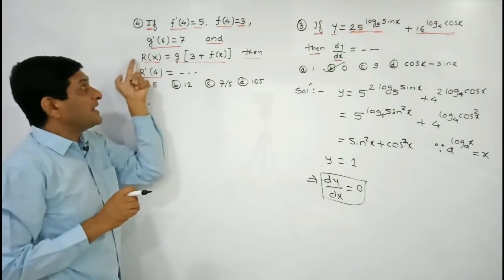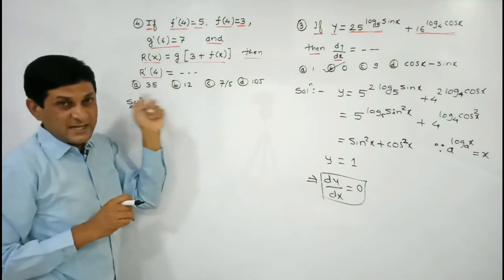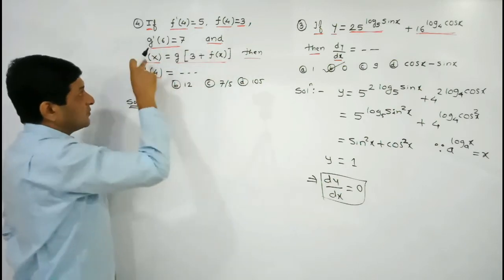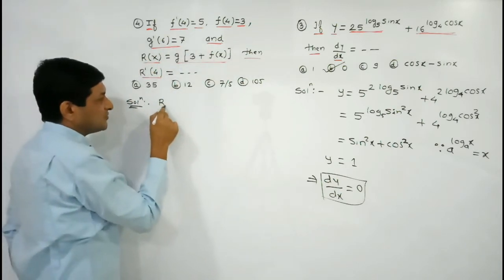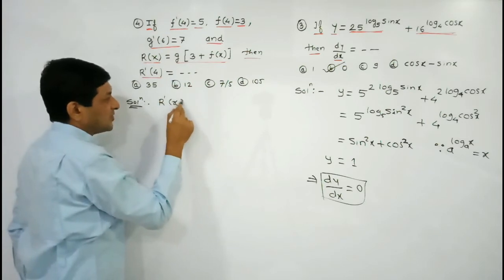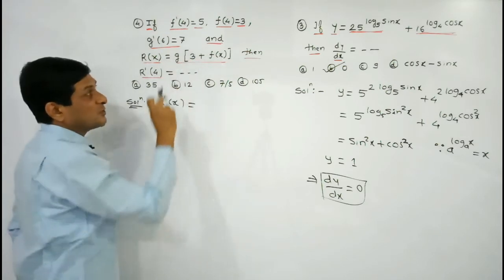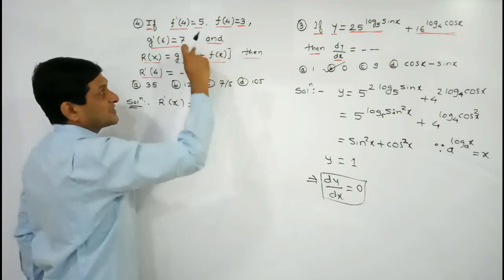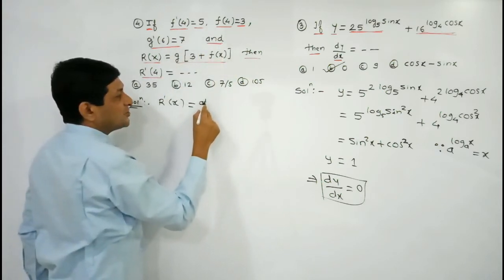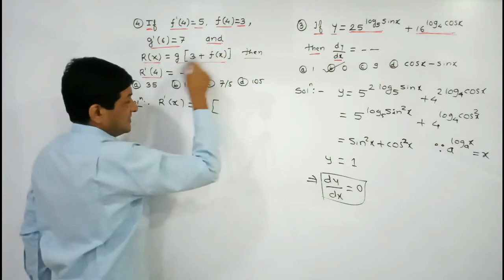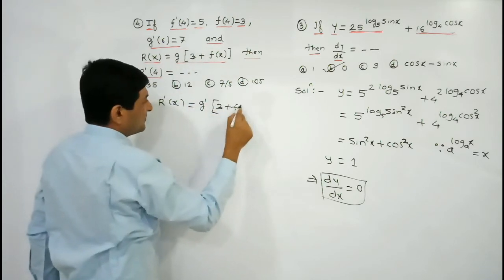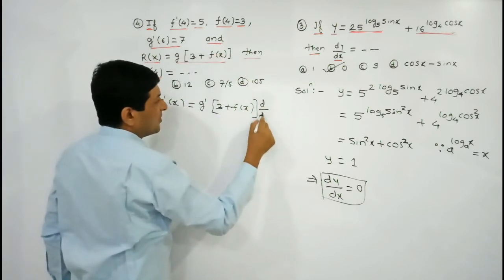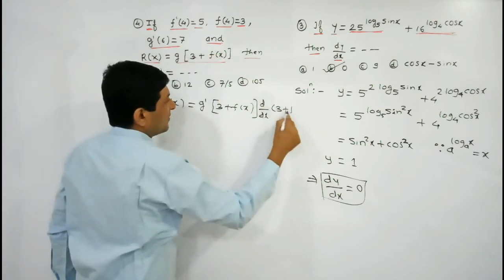हमें r का पहले क्या निकालना पड़ेगा, डेरिवेटिव, because our required value is r dash of 4. So let us differentiate this function. What is the derivative, r dash of x? R of x will be r dash of x, और ये साइड में फंक्शन कौन से फॉर्म में है, g of f of x. तो g of f of x की वैल्यू क्या होंगी, g dash of this whole f of x की वैल्यू 3 plus f of x है, again into its derivative, into derivative of 3 plus f of x.